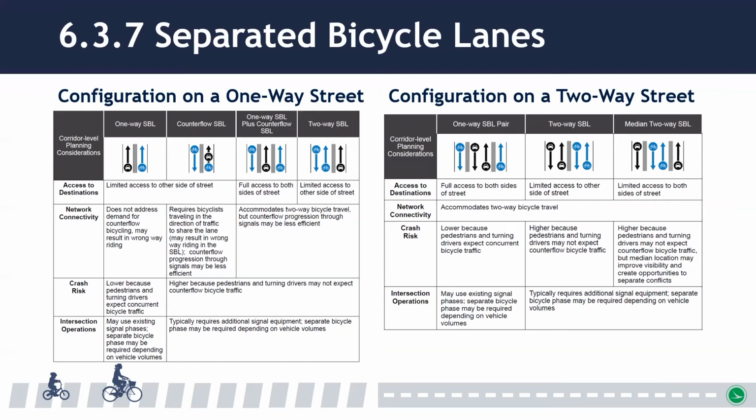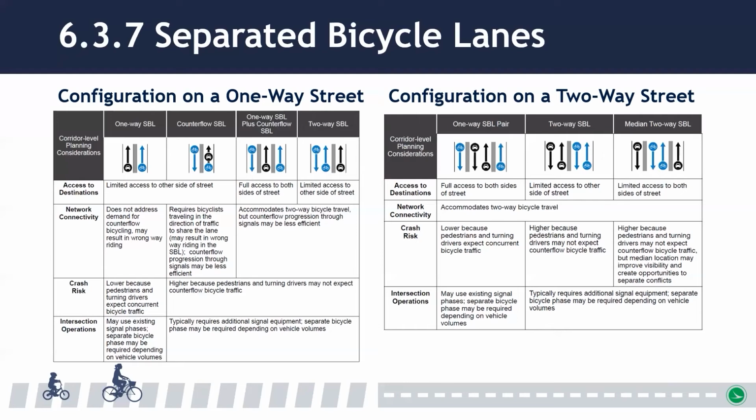Where separated bike lanes are to be installed, designers must determine if it would be more appropriate to place a one-way separated bike lane on each side of the street, or to place a two-way separated bike lane or side path on one or both sides of the street.